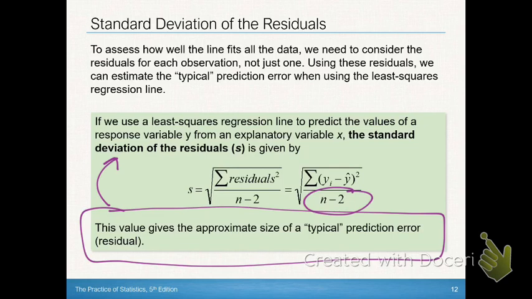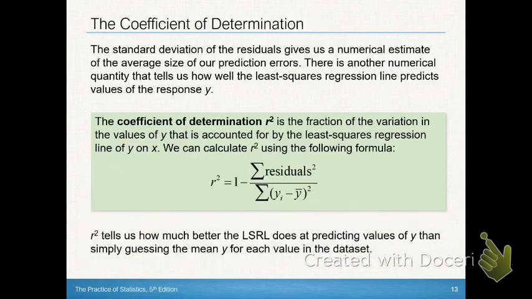So this is where you say something like the actual price of the truck is typically about $1,200 away from the predicted cost according to the least squares regression line. You have that same how far away is it from the mean kind of fill in the blank sentence when you go to interpret that.